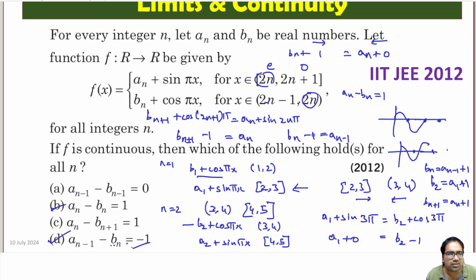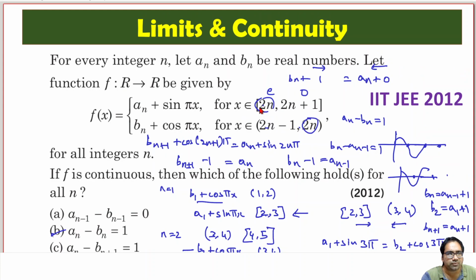So that is nothing but an minus 1 minus bn is equal to minus 1, or bn minus an minus 1 is equal to 1. Whichever way you write it, again we got the same equation. So we substituted n plus 1 instead of n, so that we match this 2n plus 1 and 2n plus 1 also here. Very, very simple problem.